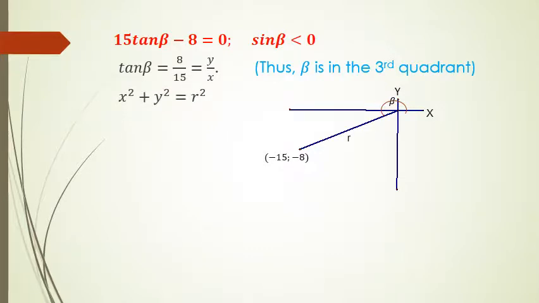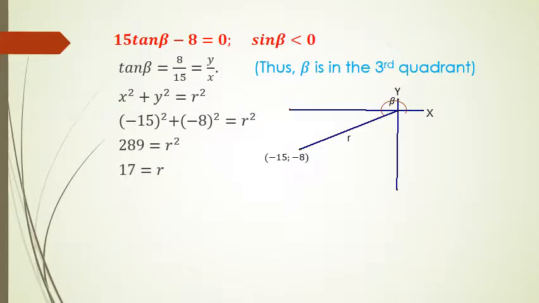That's x squared plus y squared equal to r squared. Then making the substitutions, minus 15 squared plus minus 8 squared equal to r squared. And simplifying, we obtain r squared equal to 289. Taking the square roots both sides, remembering that r is always positive, we obtain r equal to 17.